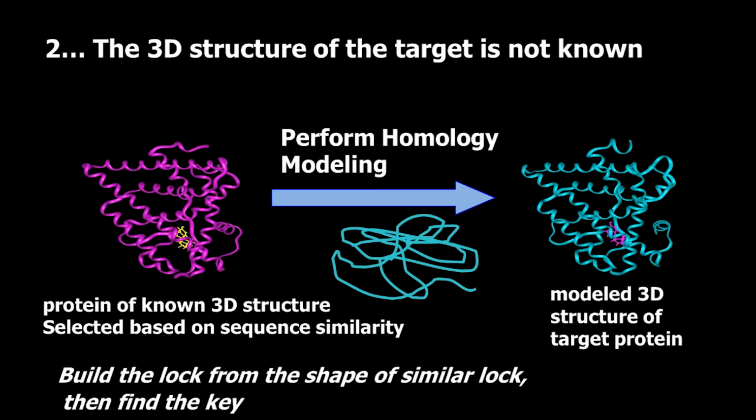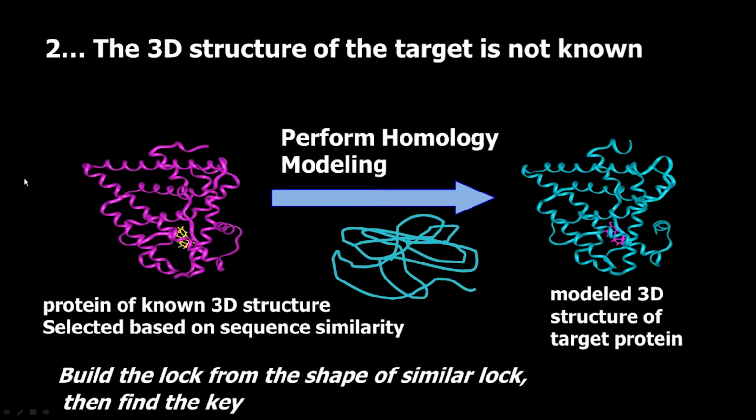The homology model is created with respect to another protein which has a sequence similarity. We talked about sequence similarity some time back. It is like building the lock from the shape of similar locks. There is one lock I want to build based on some other similar lock. Once I do that, the target protein 3D structure is built.